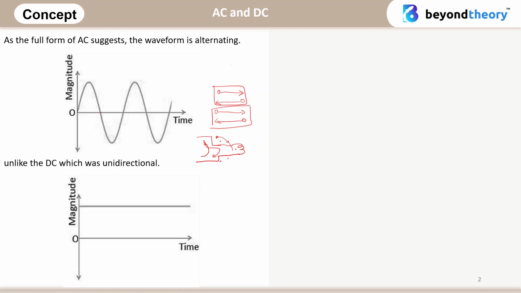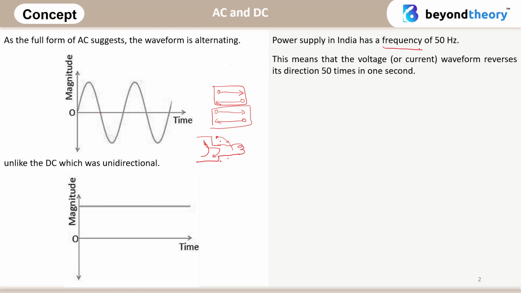Now, there is another important concept we must know in this regard, the concept of frequency. Like I said, every time the electron goes this way and then resets its position back, this would be called a cycle.